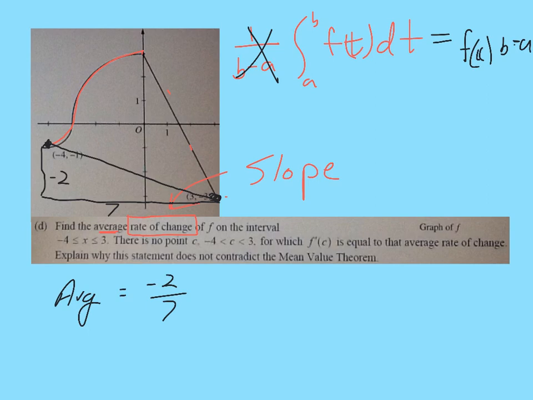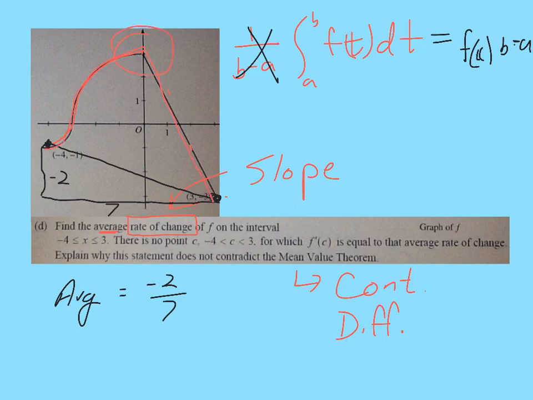There is no c value here, and it doesn't contradict the mean value theorem because the mean value theorem has a couple of conditions. The mean value theorem says our graph must be continuous and it must be differentiable. Well, it is continuous. If we look at our graph, it is continuous all the way through.